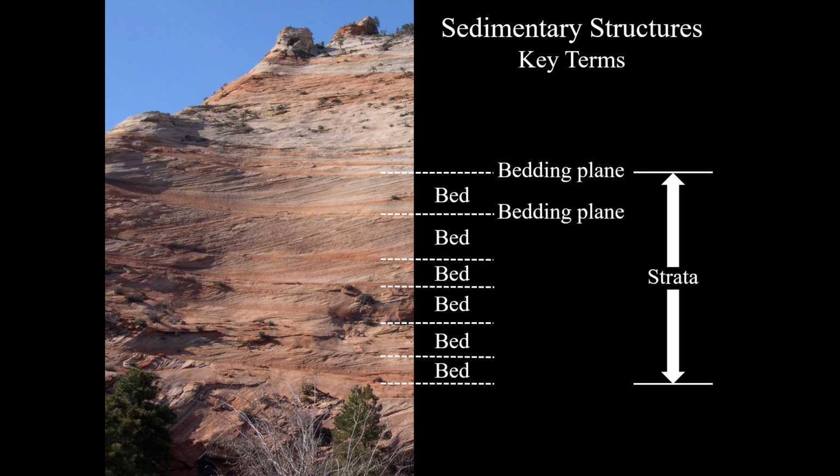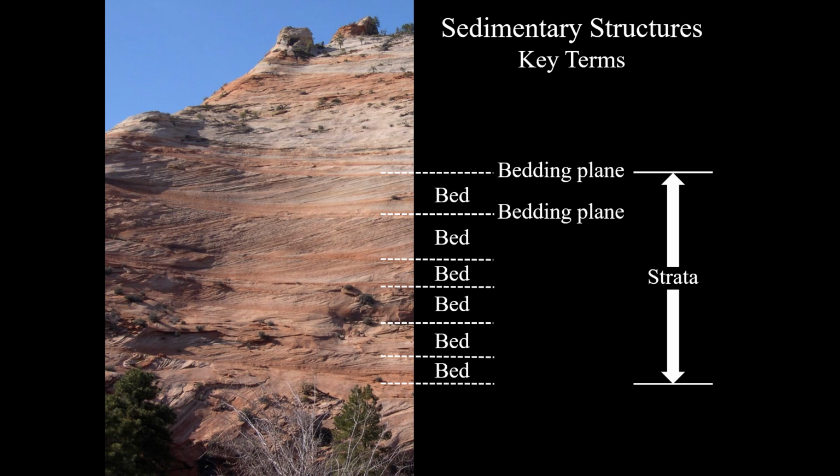This is an image of the Navajo sandstone from Zion National Park. This is evidence of a past desert environment that existed near the coastlines of the interior seaway that we know existed because of things like the ripple marks that I showed you from Colorado.